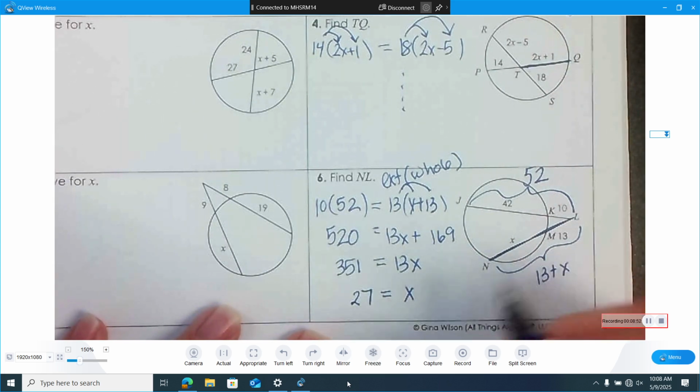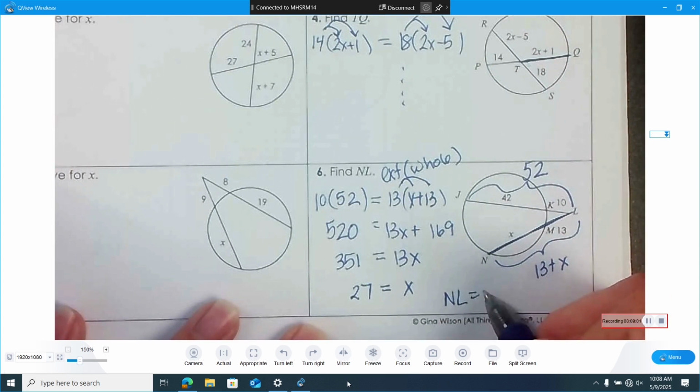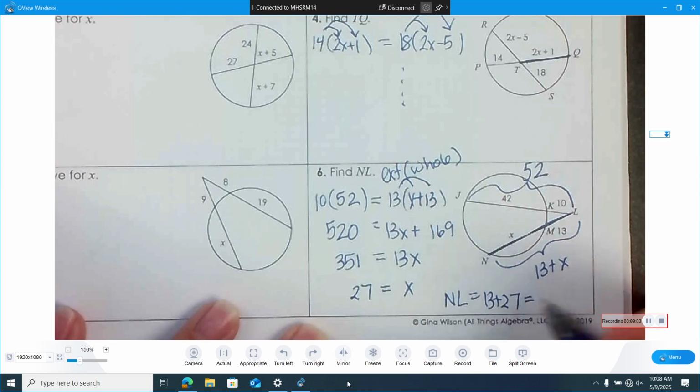So to find NL, what do I need to do? Yeah. It's right here, so it's just 13 plus 27, which is going to be 40.